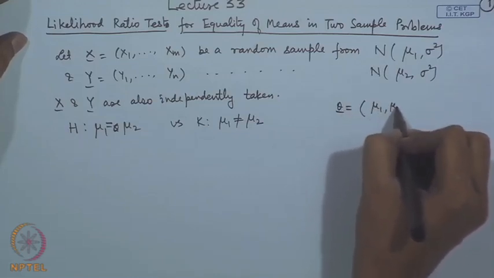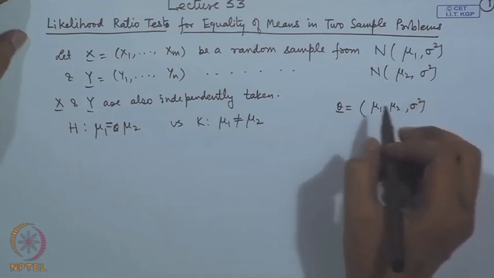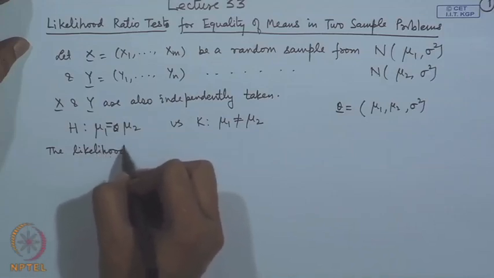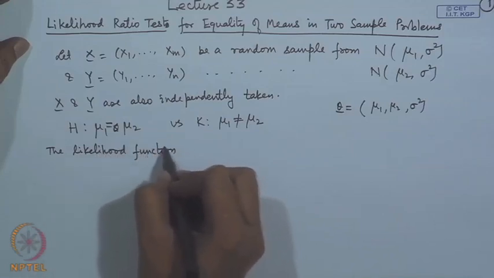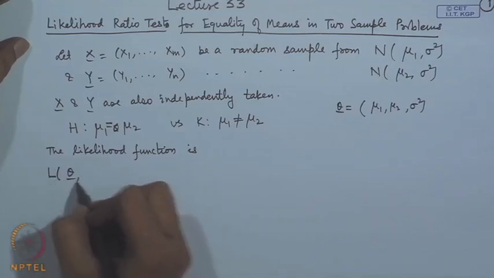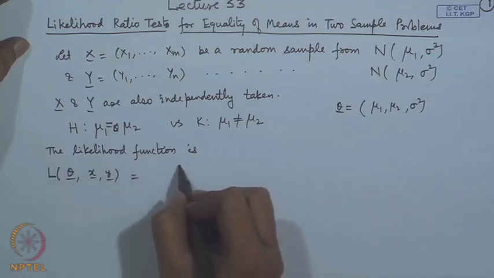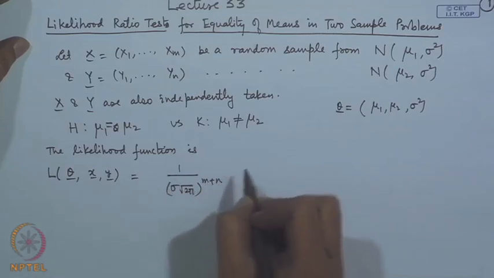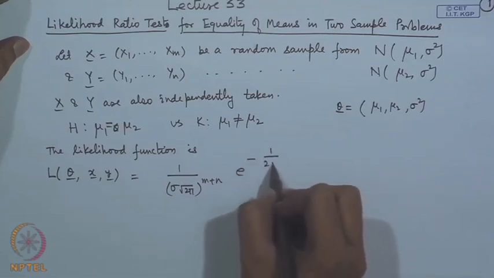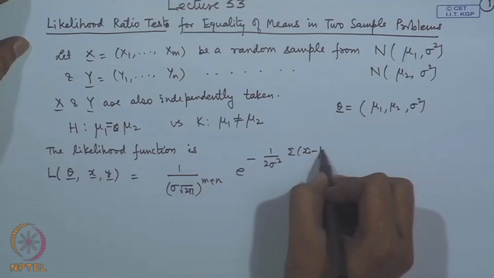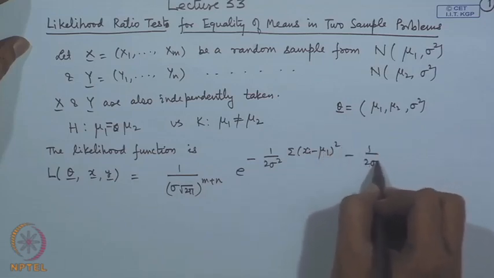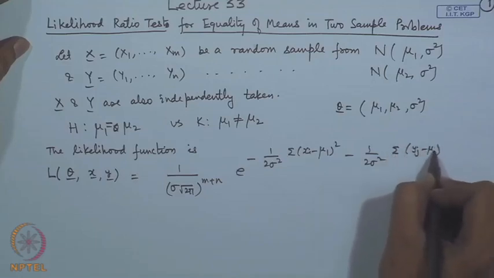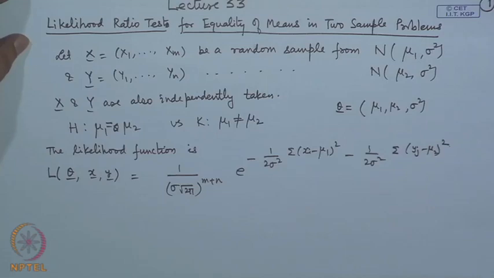So, mu 1, mu 2, sigma square, these are the parameters here, and so the likelihood function L theta x y is equal to 1 by sigma root 2 pi to the power m plus n, e to the power minus 1 by 2 sigma square sigma x i minus mu 1 whole square, minus 1 by 2 sigma square sigma y j minus mu 2 whole square.